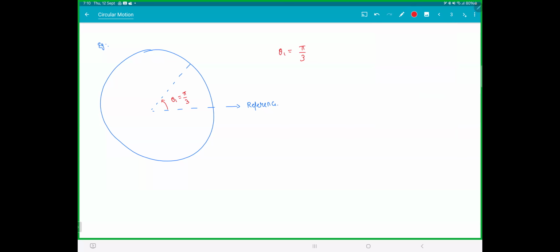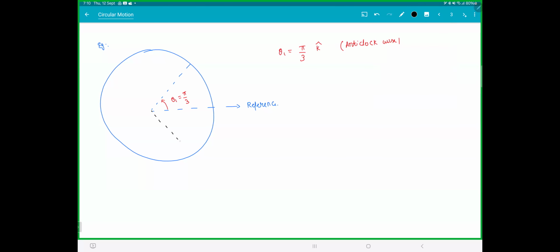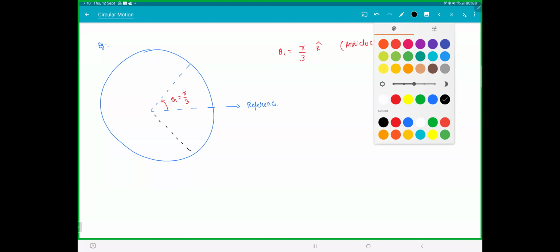This is rotating which way? Anti-clockwise. So this is k cap, isn't it? Your fingers, you will make a fist, you will curl the fingers in the anti-clockwise direction. Thumb will be coming out of the plane. So this will be useful to figure out which way the particle is rotating.